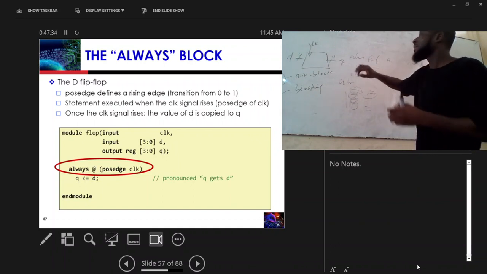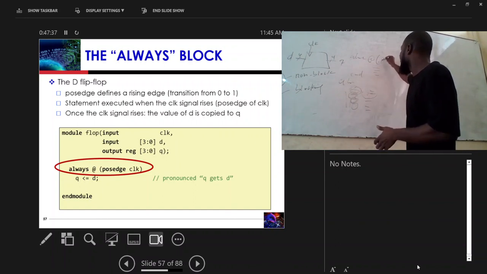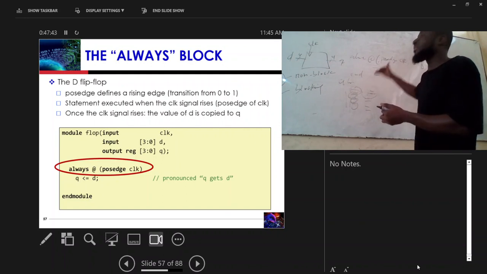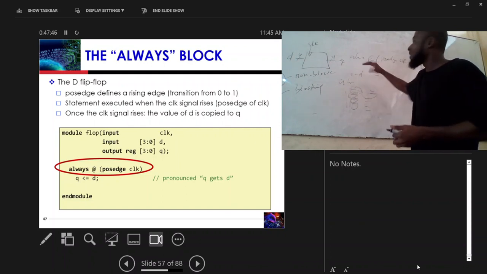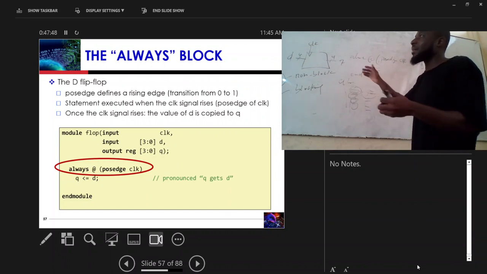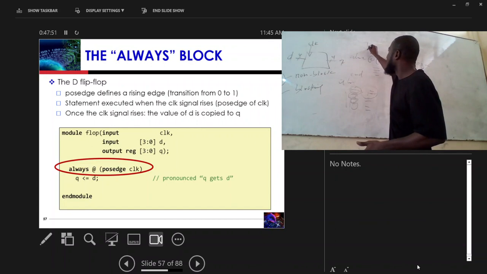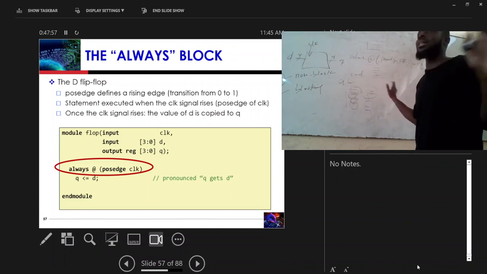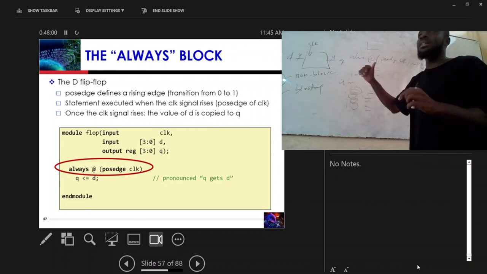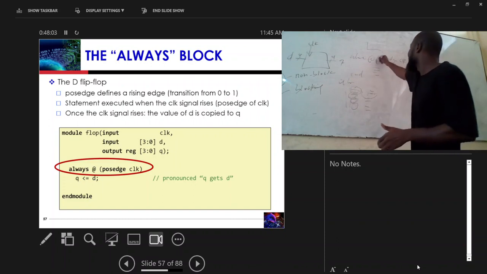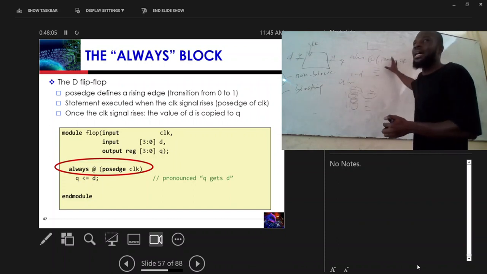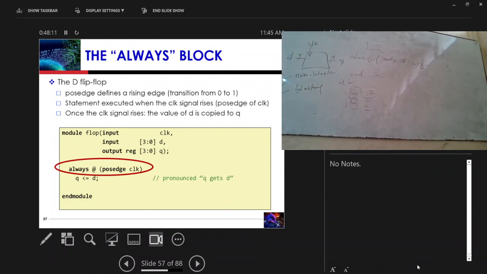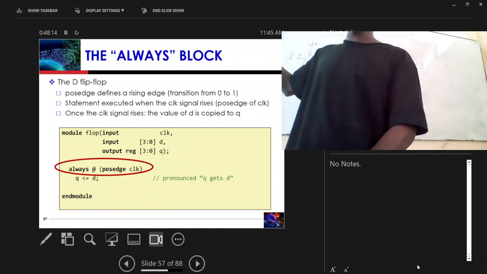Here, anytime there is a positive edge of the clock, this statement will be executed. When the level is high or goes low, the statement is just maintained. All the values are kept constant unless we get to the positive edge again. So it's very important: anytime the items in this list change is the only time the statement in the always block gets executed. Understood? So this is a simple D flip flop.